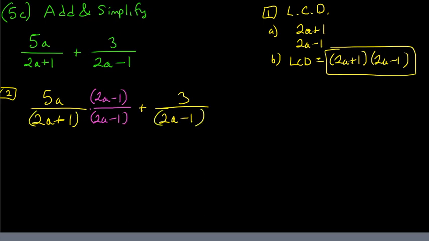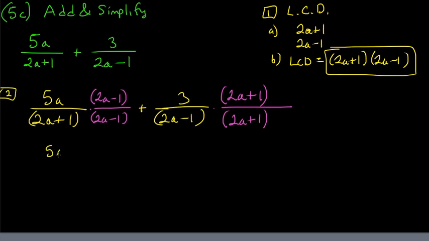Same thing here. Now for the second fraction, it's the complete opposite. We have the 2a minus 1. What we're missing is the 2a plus 1. So I'll multiply top and bottom by 2a plus 1. Okay, so what do we have?